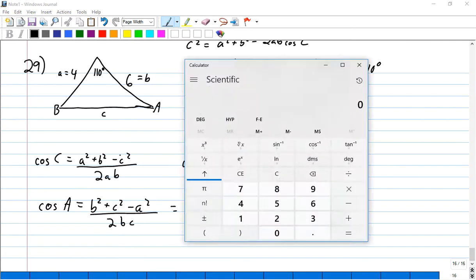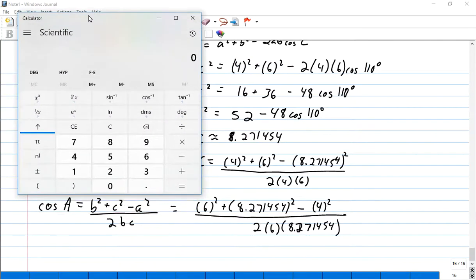Now let's carefully plug this in the calculator. So it's going to be 6 squared, that's 36, plus 8.271454, and I need to square that, so squared, and then I say minus, and then 4 squared is 16. So that's the numerator of this.